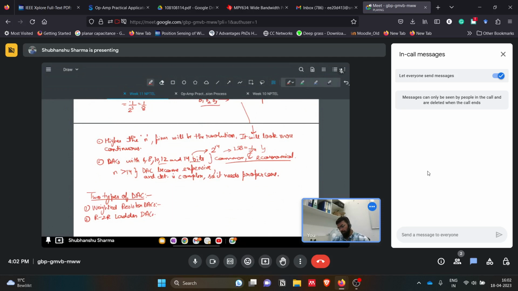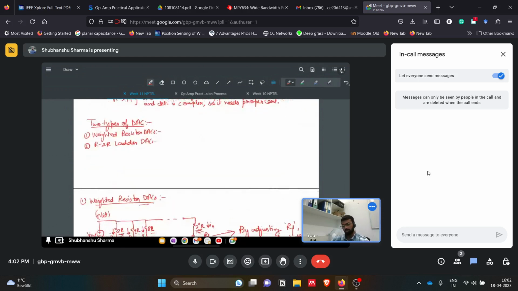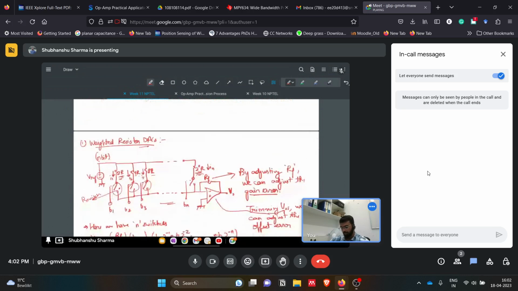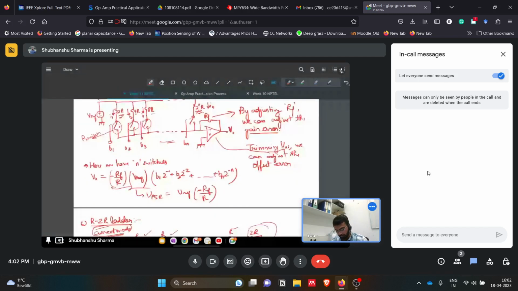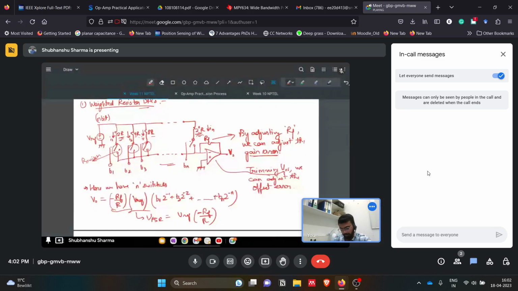And then we came to know about two types of DACs, that is weighted resistor DACs and R2R ladder DACs. Weighted resistor DACs use resistances in multiples of two based on the number of bits. We saw their equation and the drawbacks, like they can have gain error and offset errors, and they can have dynamic error also, but we didn't discuss that. Static errors, gain error and offset errors, we can nullify.